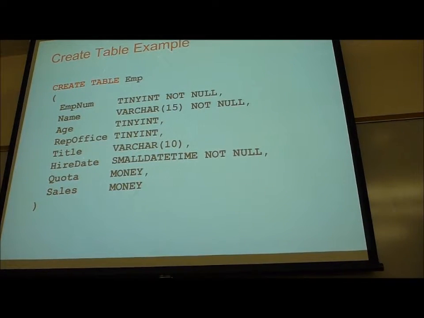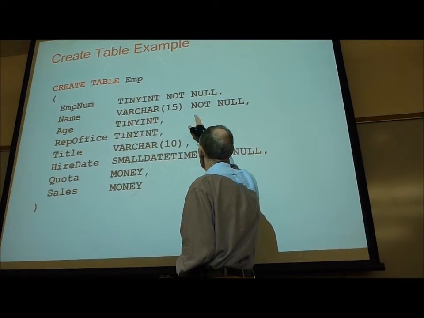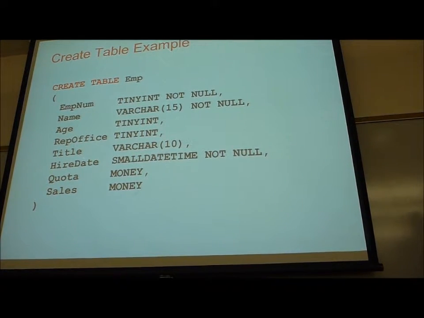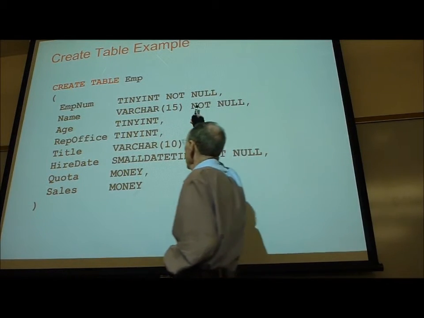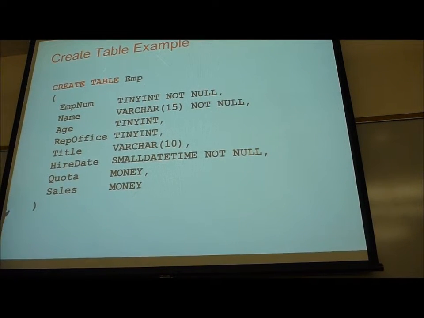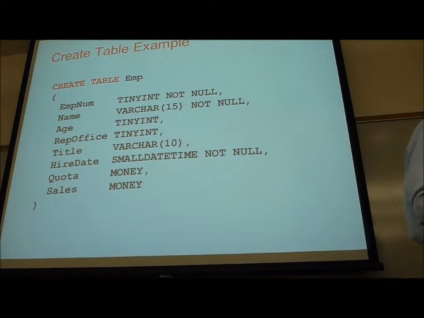And probably one of the more common ones you'll work with is money, or currency. And the not null is a column attribute. So this is the only column attribute I got in here. And what that's going to mean is that entries into this column and this column and this column are required. I'm not going to be able to insert a record if I don't have at least those three columns.